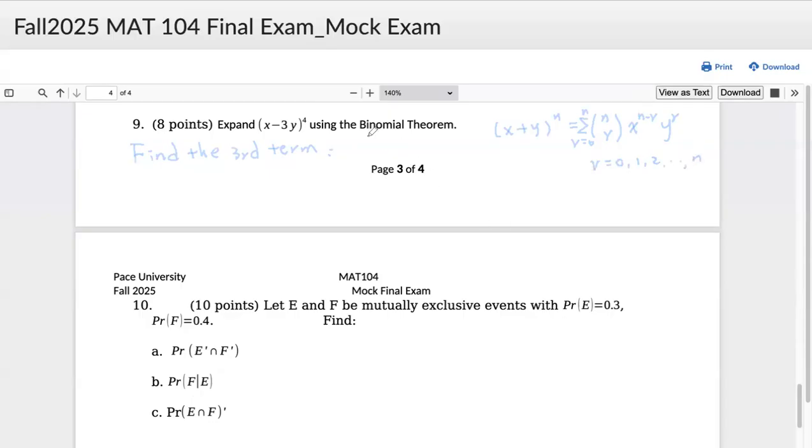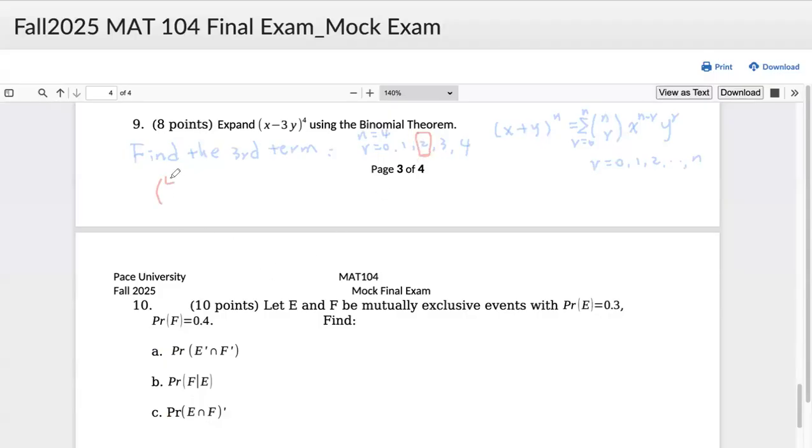In our case, n equals 4, so r can be 0, 1, 2, 3, or 4. We want to find the third term, which is when r equals 2.